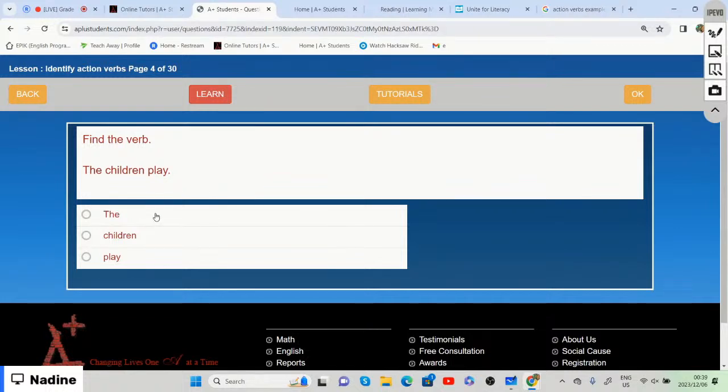The children play. So the children play. We need to find the verb. So if we find the verb within the sentence, either the children or play.